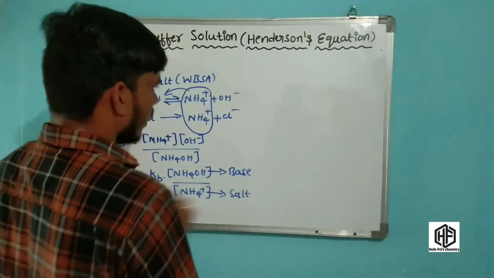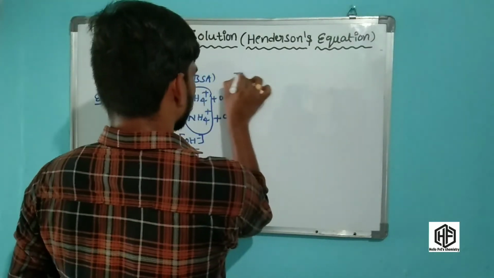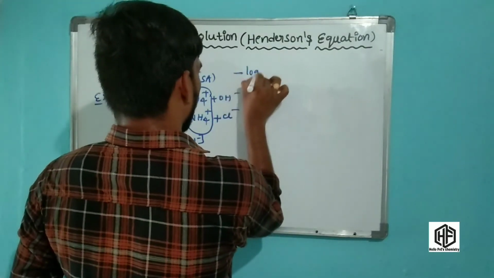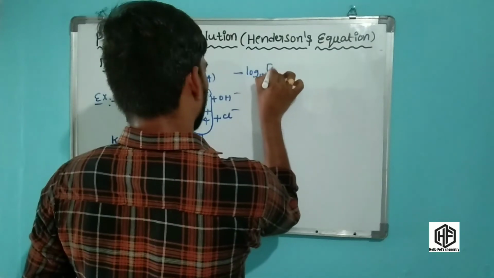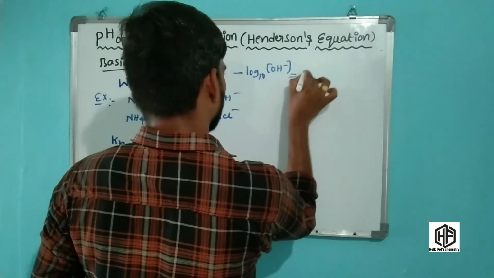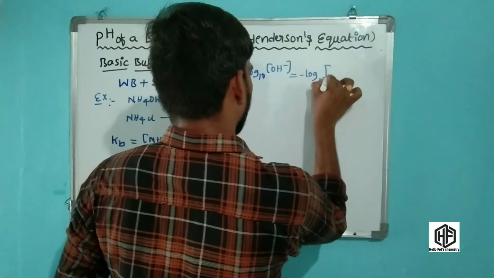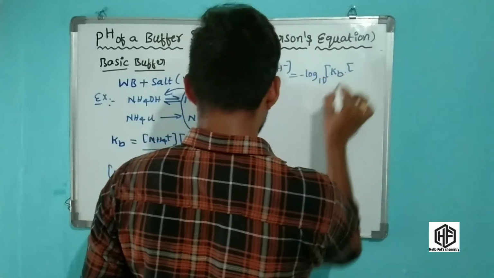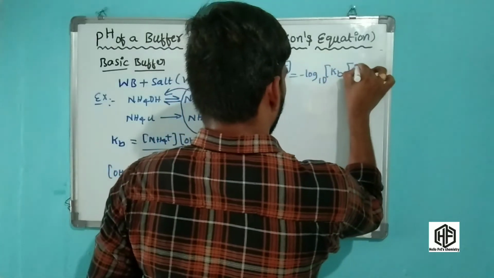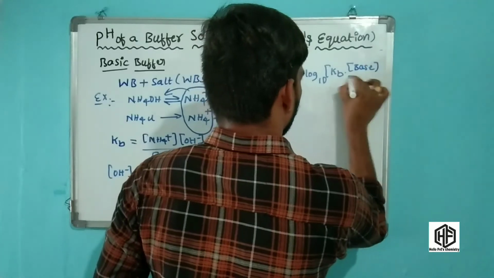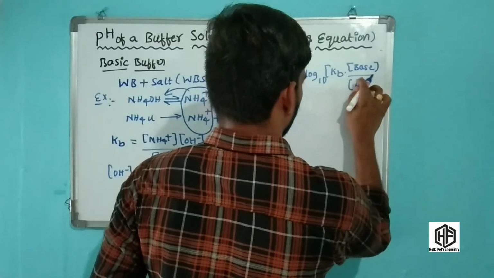Now we take the log base 10 of this expression. Concentration of OH minus ions is equal to Kb into concentration of base by concentration of salt.